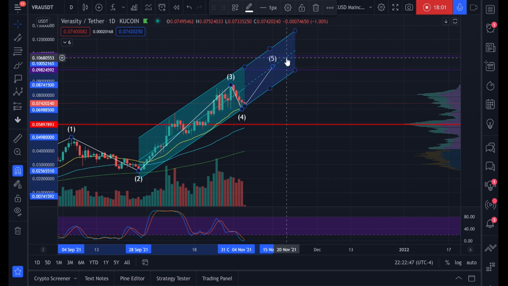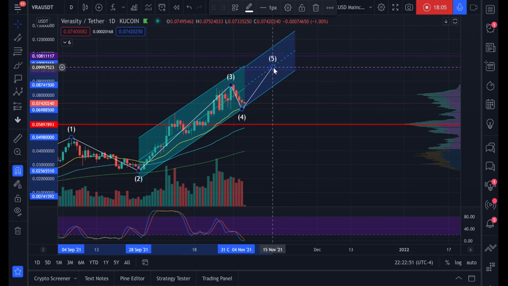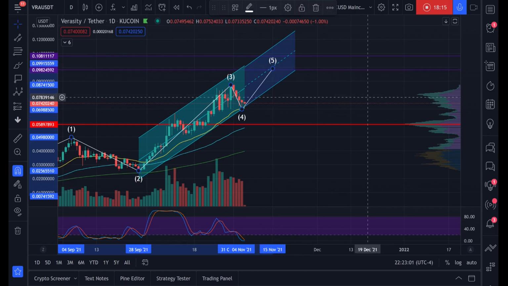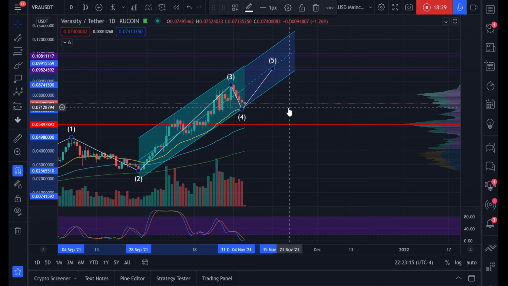The B wave is going to come all the way to 10.8 cents. That's just my hunch. Let's say we get the top of 5 at around 9.8 cents, 9.9 cents at the most. I predict that this will happen on November 15th, which is almost exactly in 10 days.